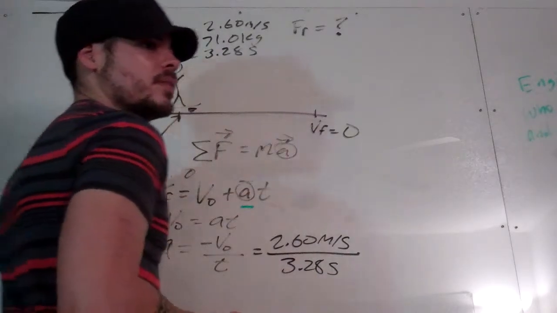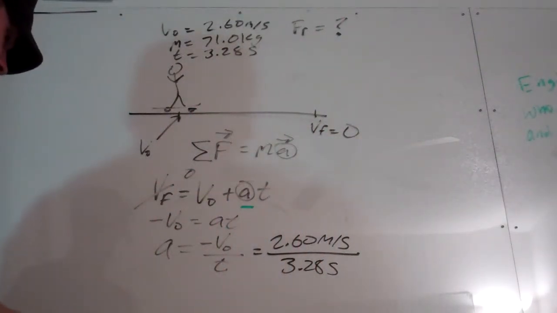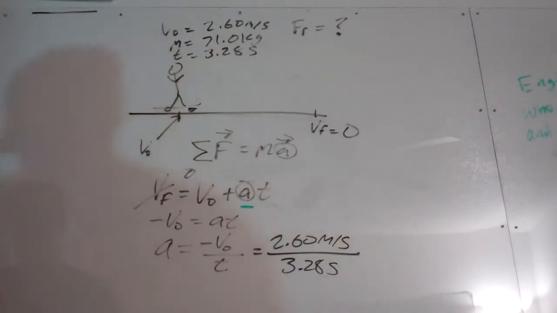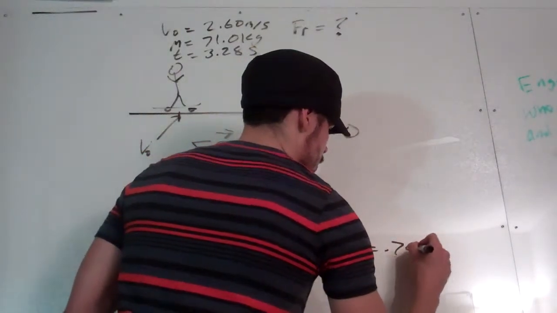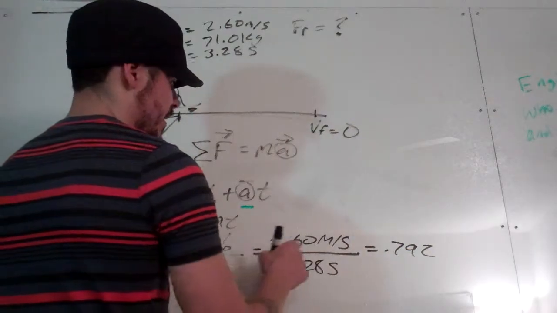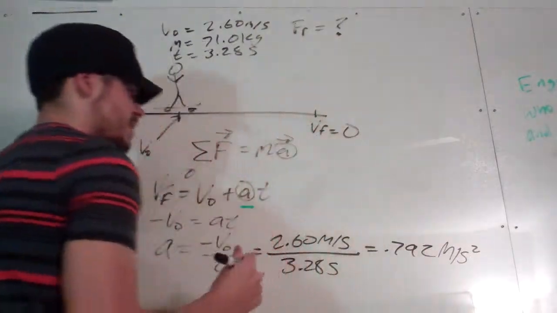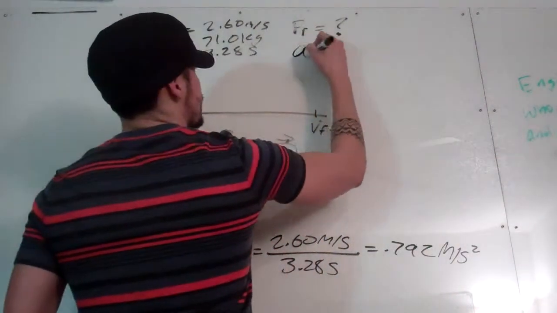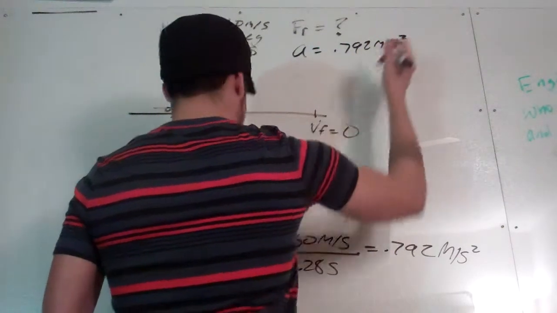I'm going to use my trusty calculator here. 2.60 divided by 3.28 is 0.792. And that is meters per second divided by seconds, so meters per second squared. So that's our acceleration: acceleration is equal to 0.792 meters per second squared.